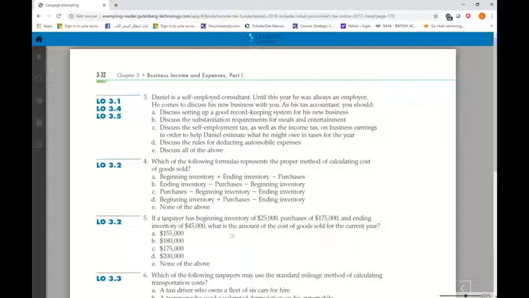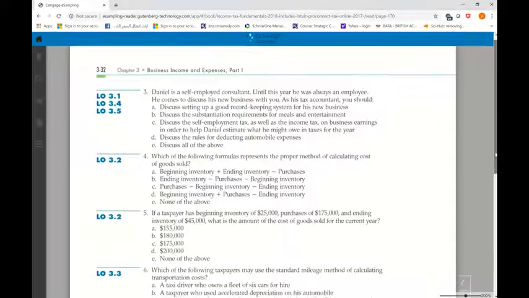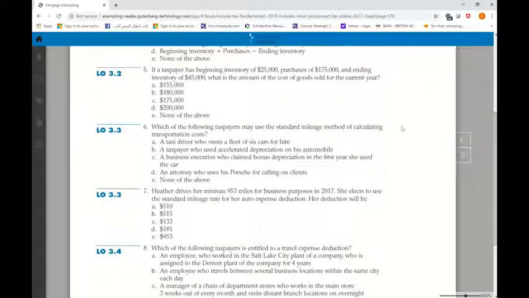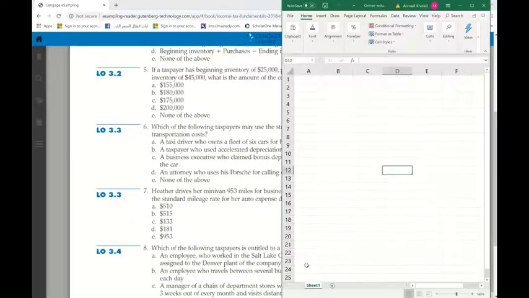If a taxpayer has beginning inventory 25,000, purchase 175,000, and ending inventory 45,000, what is the amount of cost of goods sold? So this again uses the simple equation.